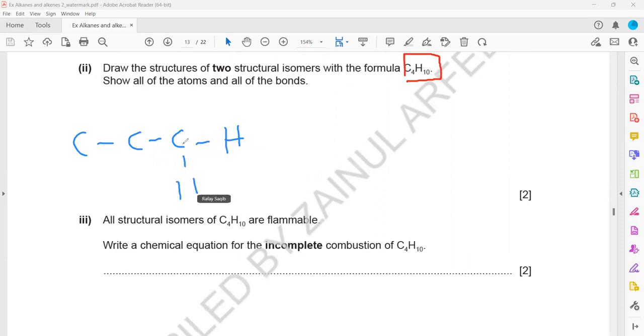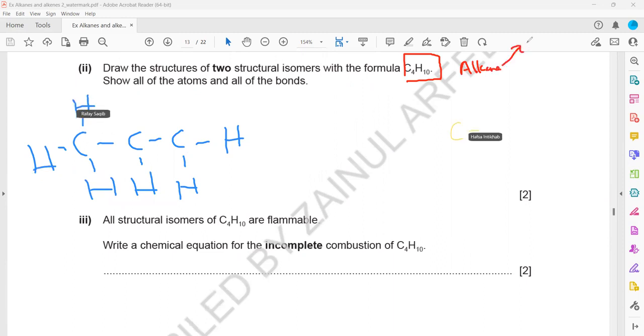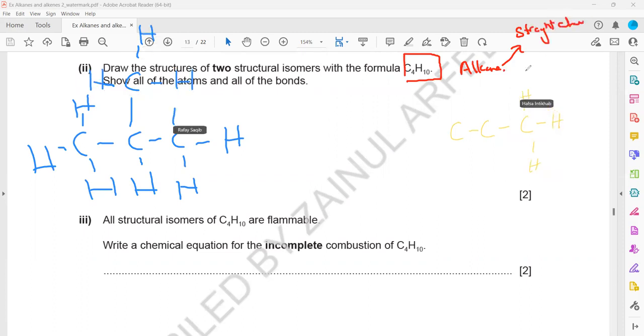So four carbon atoms, first four carbon because it's an alkane. How to draw an isomer of an alkane, as I explained to you. Whenever you're drawing an isomer of an alkane, first draw the straight chain and then draw the branched. The second one is having a methyl CH3 group, so this is 2-methylpropane. This is one.